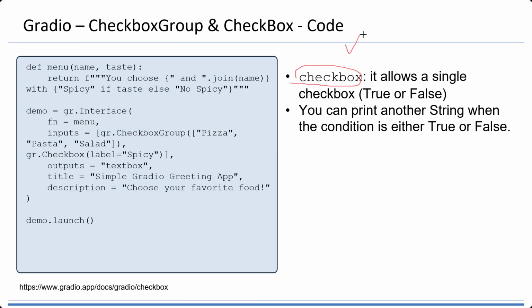If you check the box, it means it is true. If you do not check the box, it is false. So it is only a single option, or you call it a single checkbox.